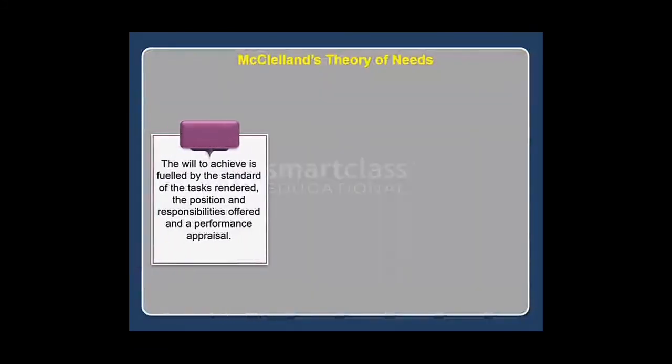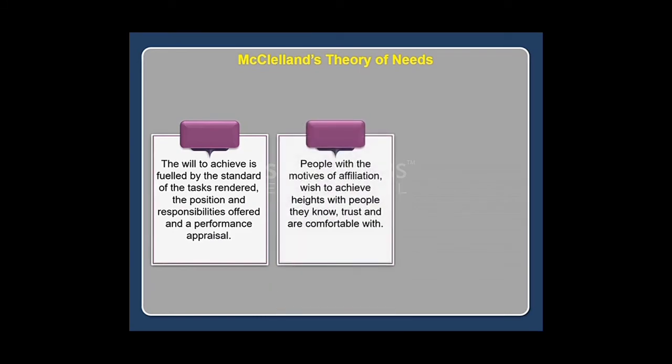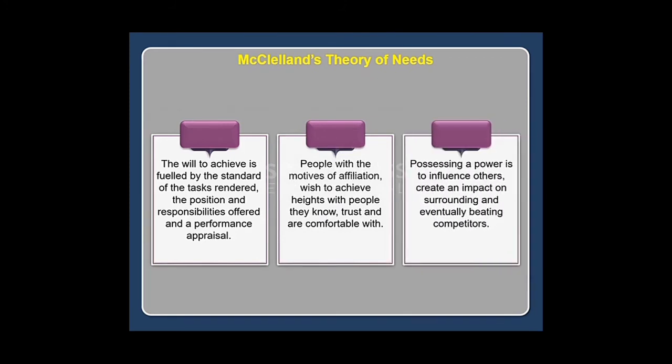The will to achieve is fueled by the standard of the tasks rendered, the position and responsibilities offered, and a performance appraisal. People with the motives of affiliation wish to achieve heights with people they know, trust, and are comfortable with, whereas possessing power is to influence others, create an impact on surroundings, and eventually beat competitors.